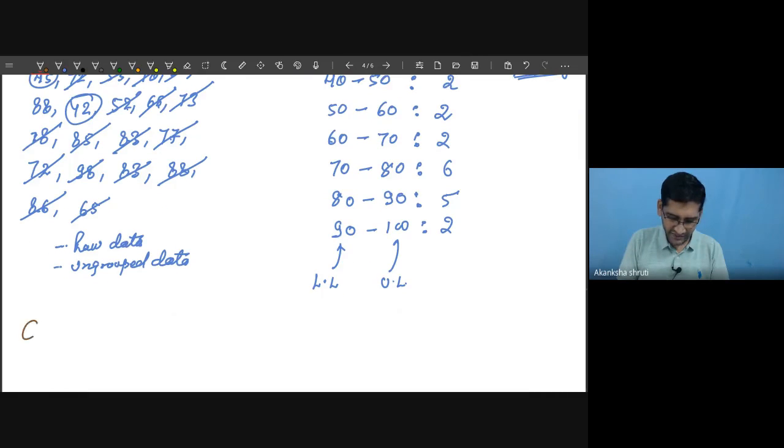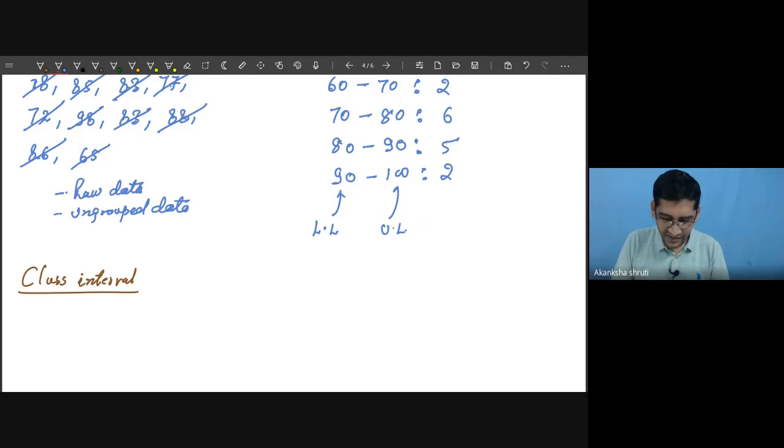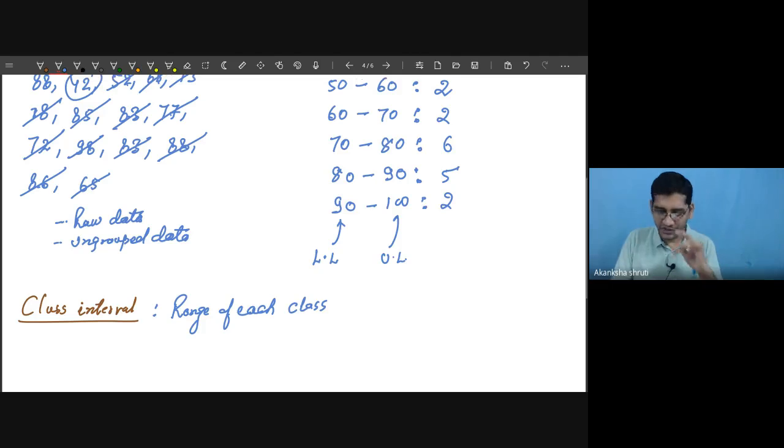So student, different concepts will arise in this section. Class interval simply means the range of each class. This may be uniform or non-uniform, but you have to learn about the uniform only.